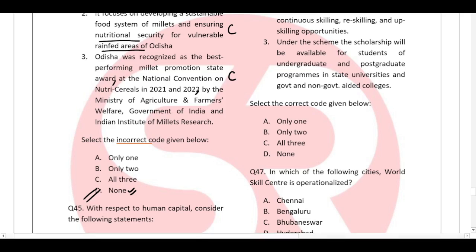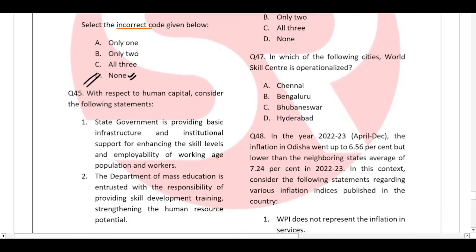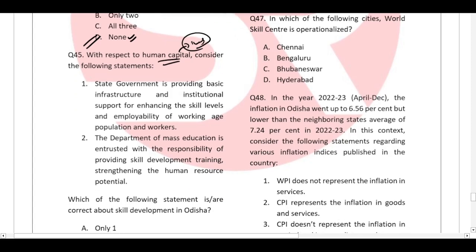Coming to the next question, question number 44. With respect to human capital, what is human capital? Investing into the skills of people so that they can be a good asset for the labor market. It can be investing into education, it can be investing into health, so that all this will have a cumulative effect and ultimately it will lead to the growth of the economy.